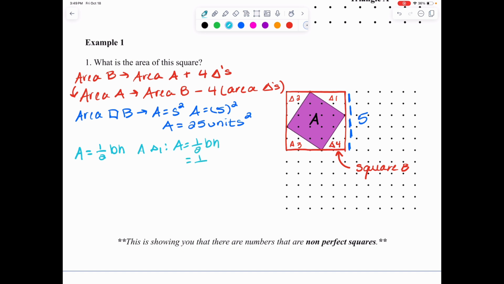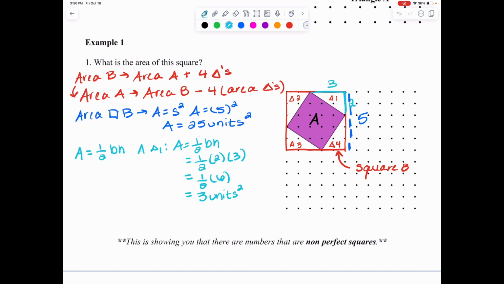It doesn't matter which one we use. I'm using triangle 1, and I can either make the base a 3 or the base a 2. I'm going to have the base be 2, and that means the height is 3 when I count that. So base of 2, height of 3, and that's equal to half of 6, which is 3 units squared.